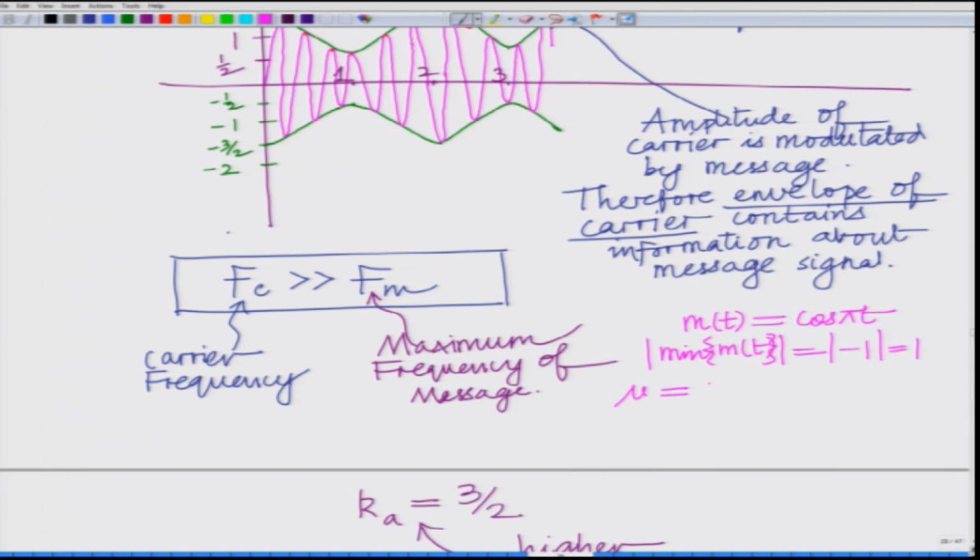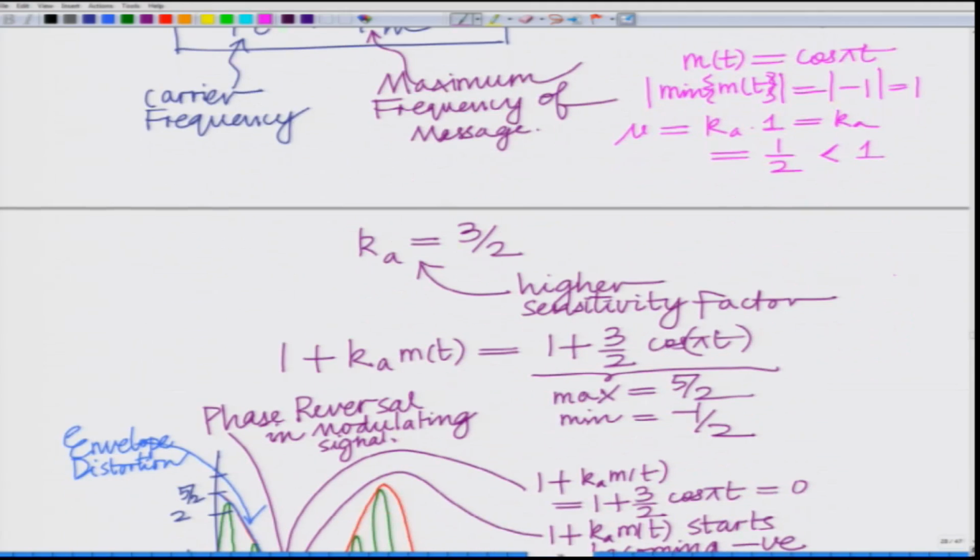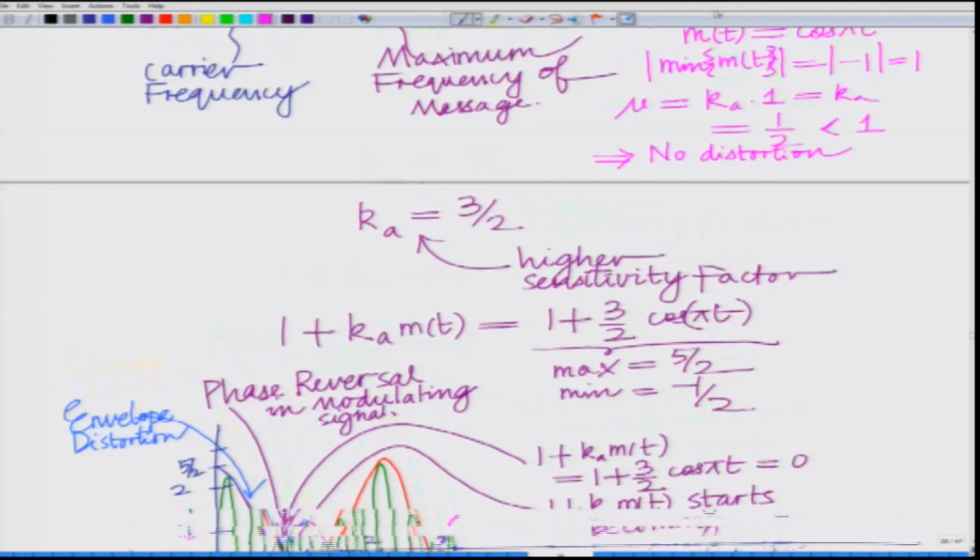Therefore, mu equals Ka times 1, which equals Ka, which for this case is half, which is less than 1. Therefore, there is going to be no envelope distortion, correct.